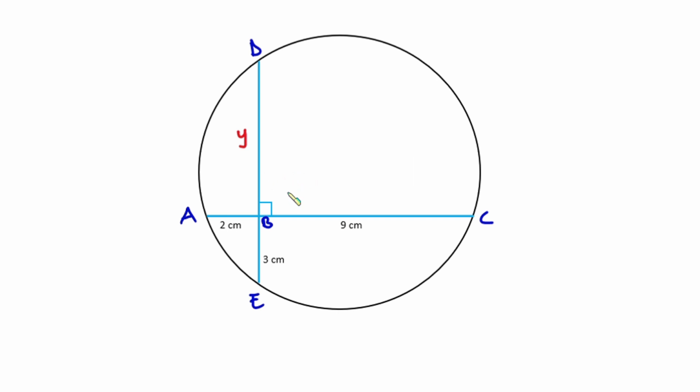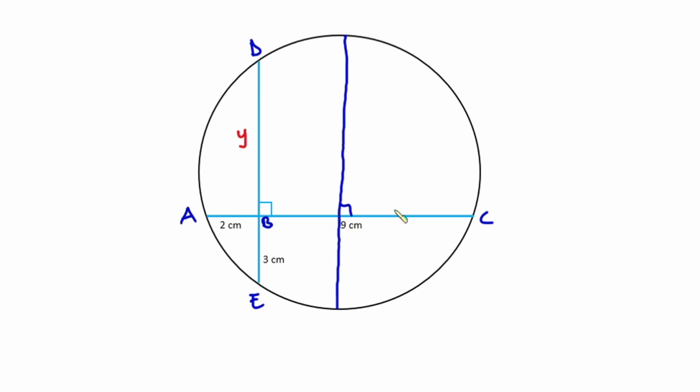Well, first let's draw a perpendicular line to bisect chord AC. So I'll draw a perpendicular line to bisect chord AC. Then we have 90 degrees here. Now, how do we find the distance from this point to C? We know that the distance from A to C is 2 plus 9.